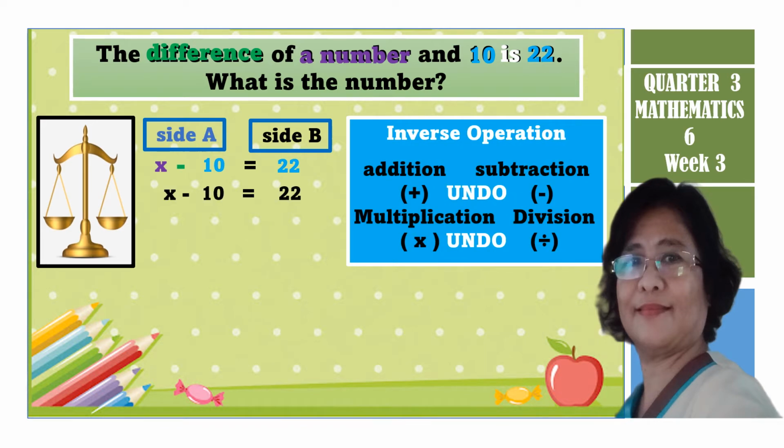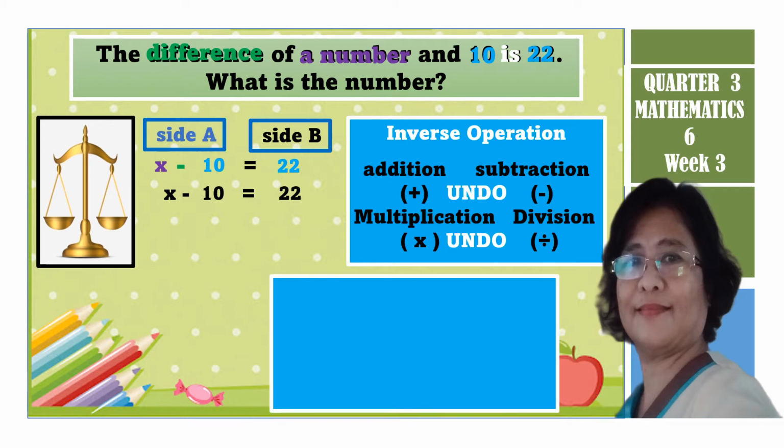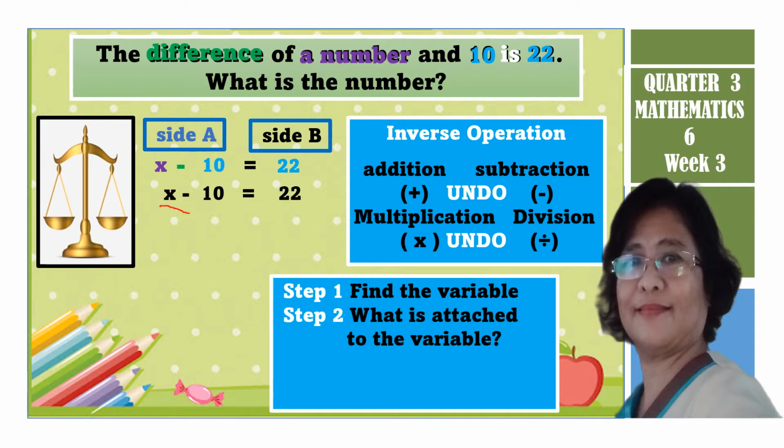x minus 10 is equal to 22. The first step is to find the variable. The variable here is represented by the letter x. The second step is to know what is attached to the variable.